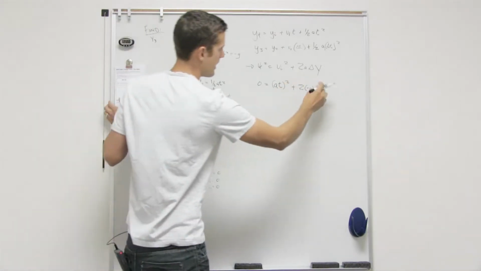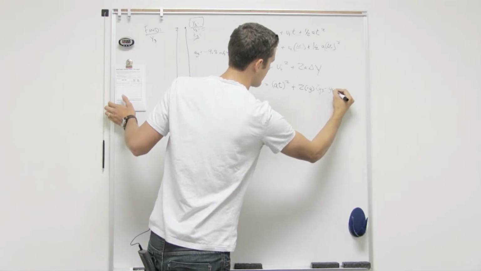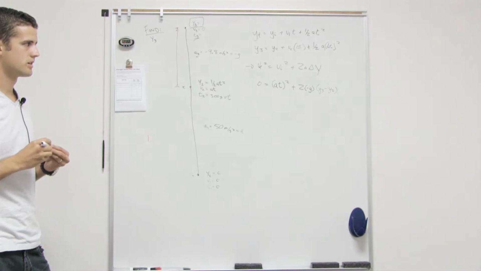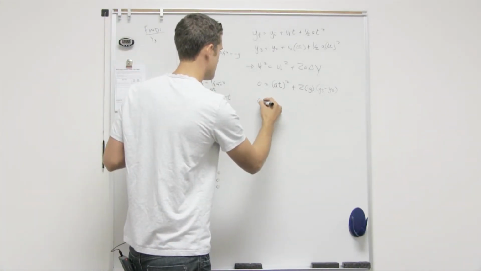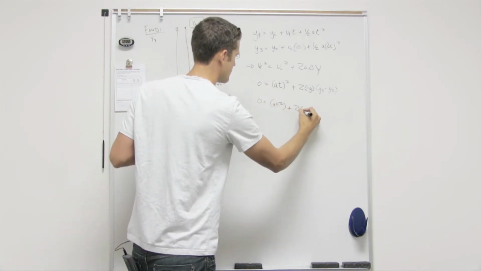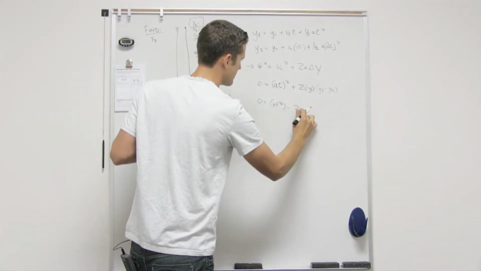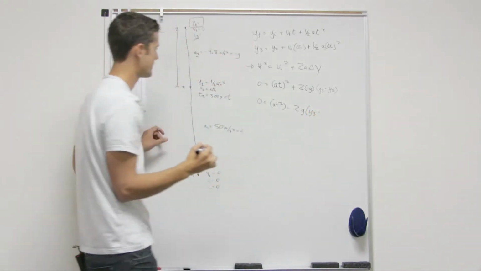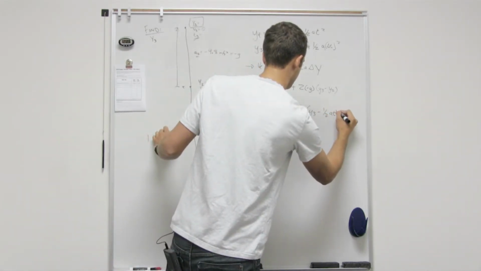So now delta y we can rewrite as y3 minus y2. We know y2. We know y3. So 0 equals a squared t squared plus 2 times, well, let's just make it minus 2g times y3 minus, what's our y2? 1/2 a t squared.